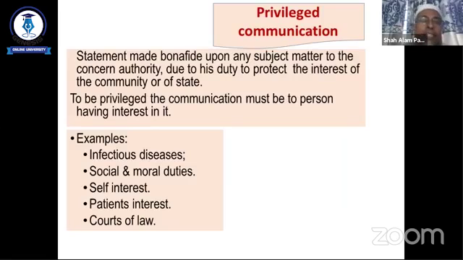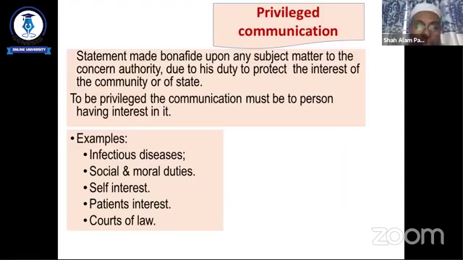If a husband or wife is suffering from a sexually transmitted disease, you should advise the couple not to meet until they recover. And if they don't follow your advice, then you can inform the concerned authority.